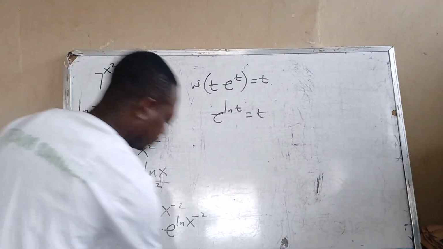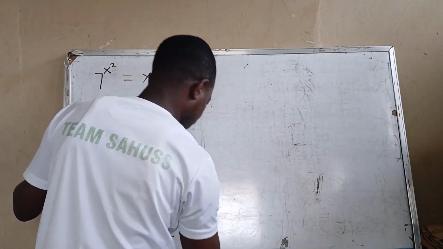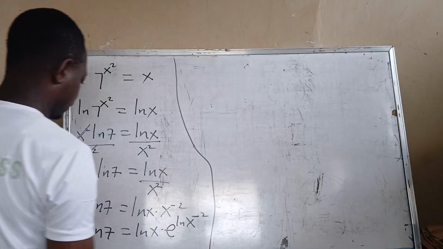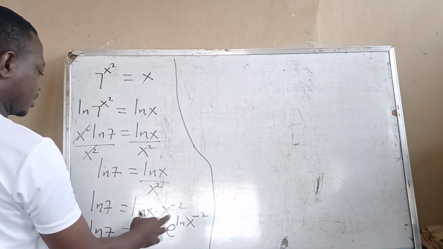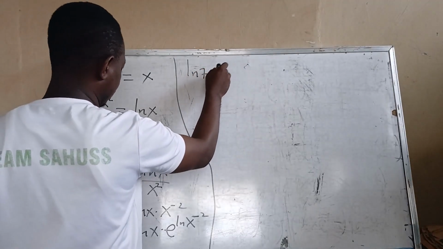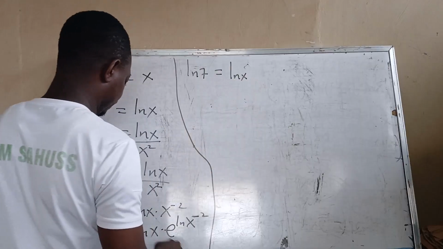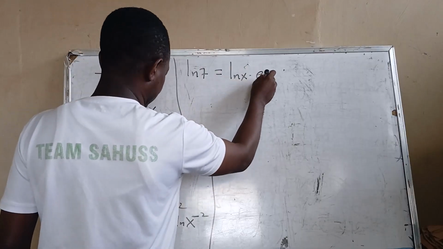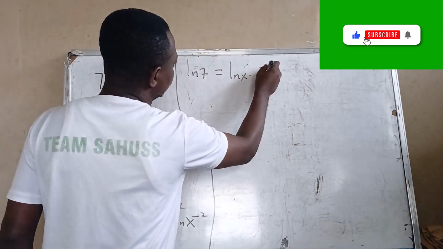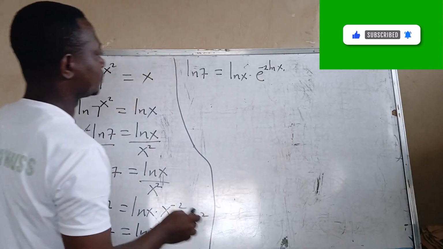Now, this one can come here. So we have ln of 7 equals ln of x times e to the minus 2 ln of x.